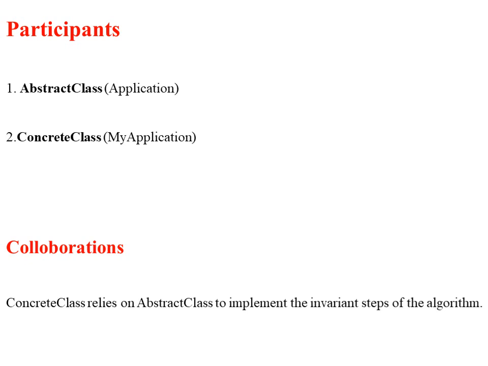Those primitive operations are implemented by concrete classes, which implement the primitive operations to carry out subclass-specific steps of the algorithm. So whatever steps are defined, those steps can be specified in the concrete classes, which are the main participants.